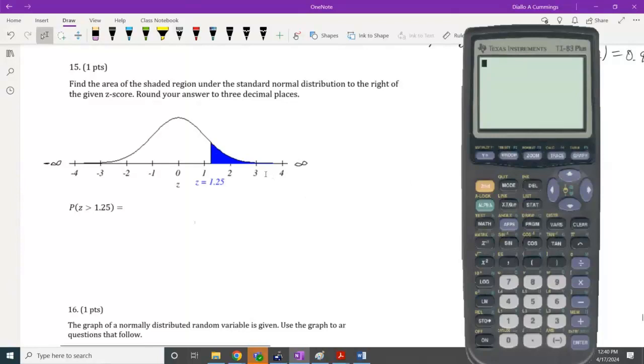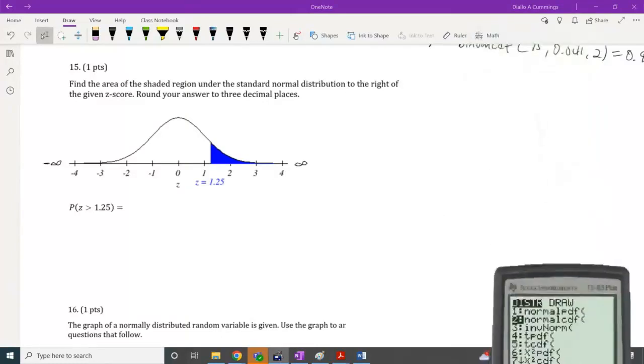To find this area for the normal distribution, I'm going to go into the normal CDF. Here are the functions. You have to put in the lower limit, the upper limit, the mean, and the standard deviation.